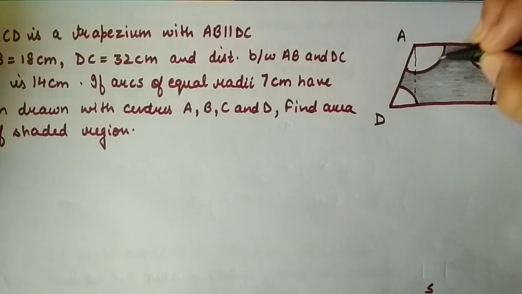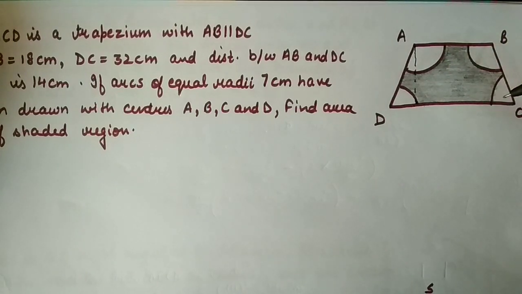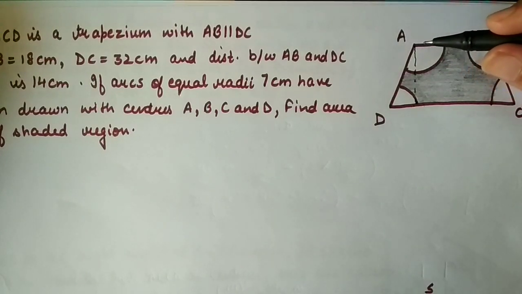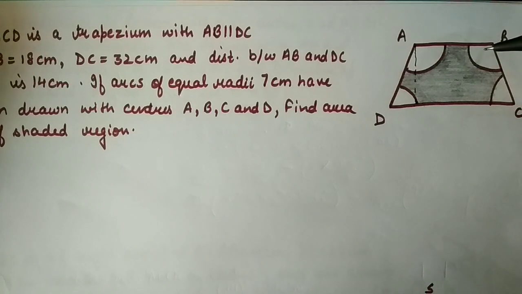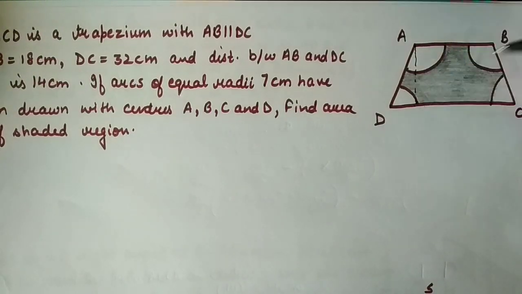If arcs of equal radii of 7 centimeter have been drawn with centers A, B, C and D, then we have to find the area of the shaded region. It means all these arcs are drawn with same radius of 7 centimeter at angles A, B, C and D of the trapezium, and we need to find area of the shaded region.